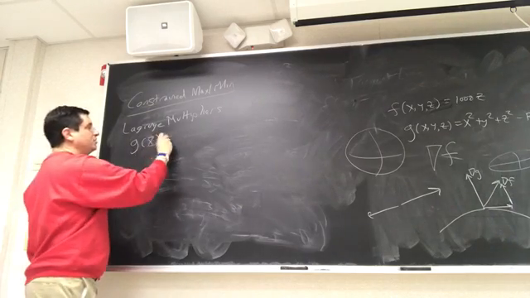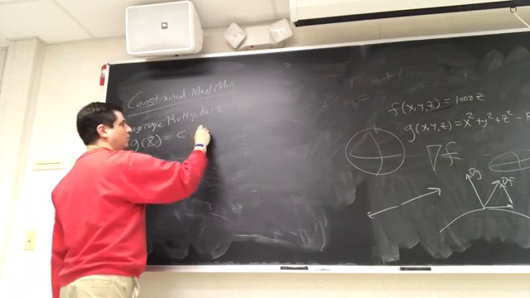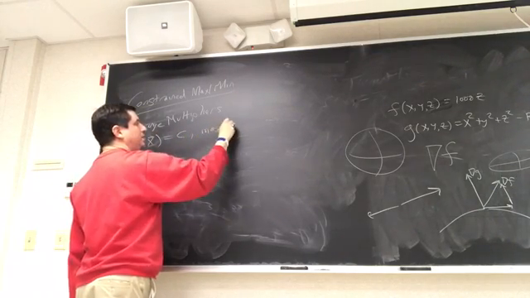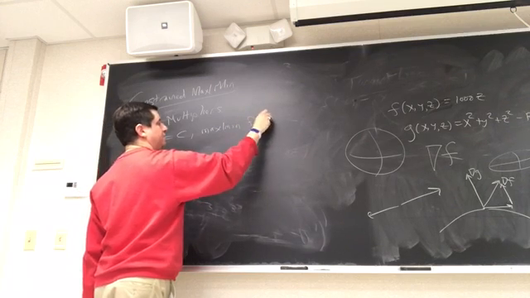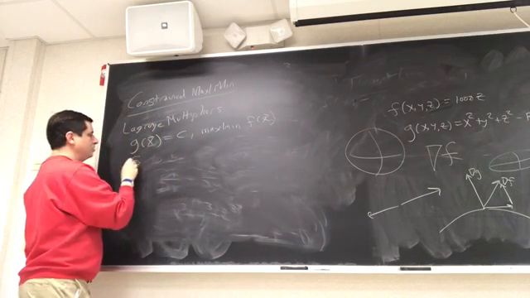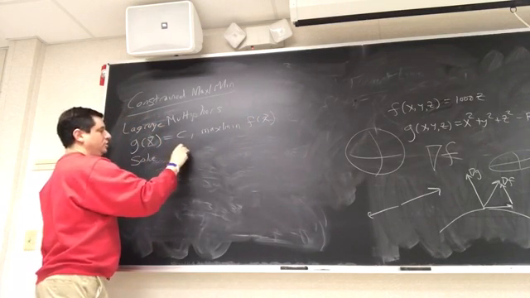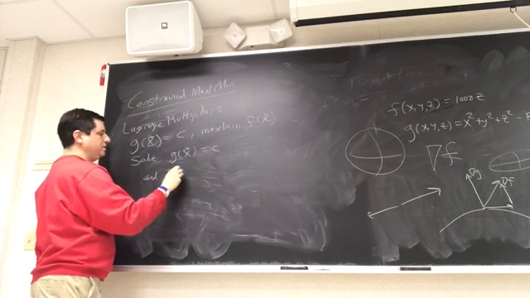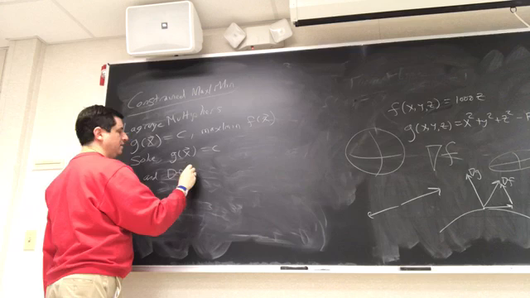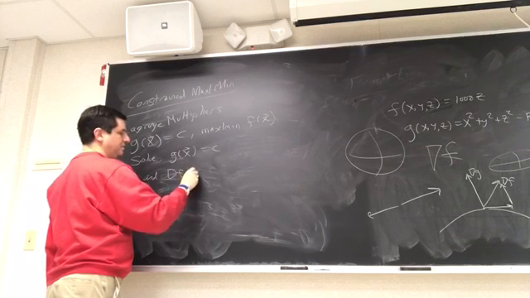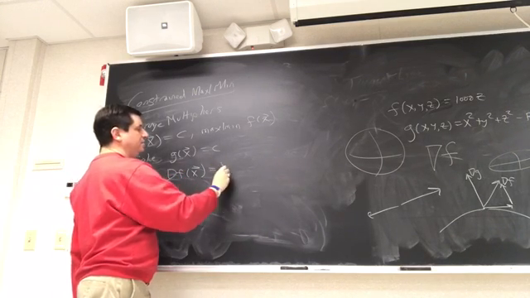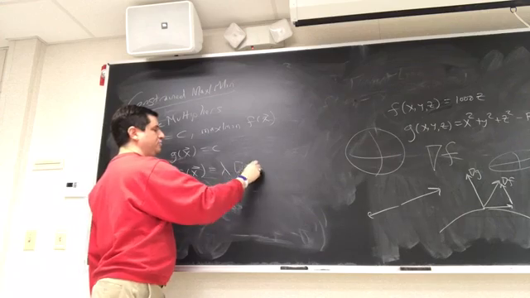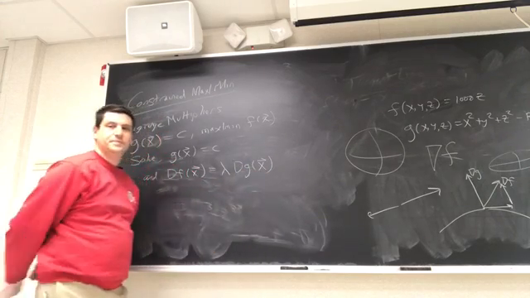I have some constraint, and I want to find the max or the min of some function f of x. So I need to solve g of x equals c, and the gradient of f at our point x is equal to some number times the gradient of g at x.